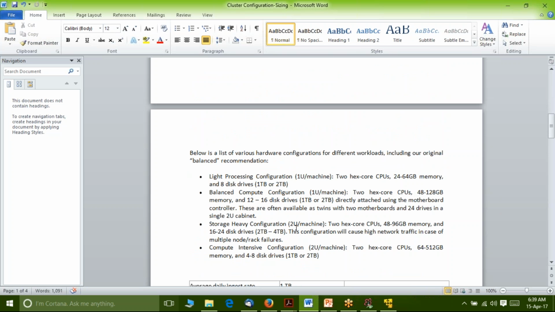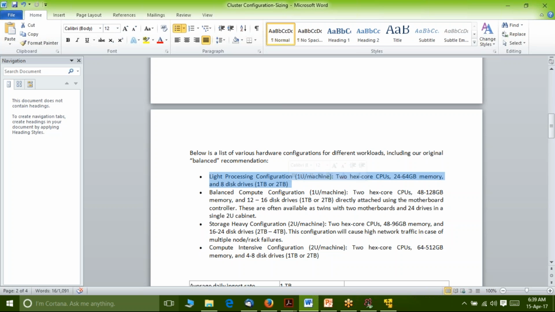You can see this here. Light processing configuration: 2 hex core CPUs, 24 to 64 GB memory, and 8 disk drives of 1 TB or 2 TB. This is for your light processing configuration.